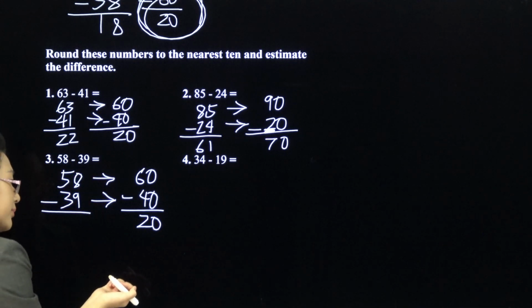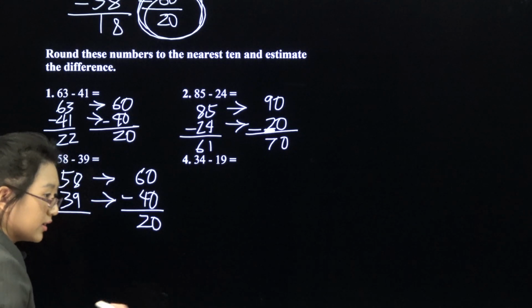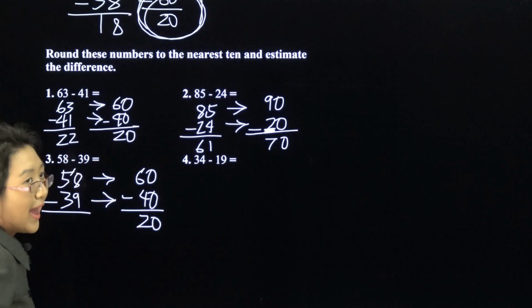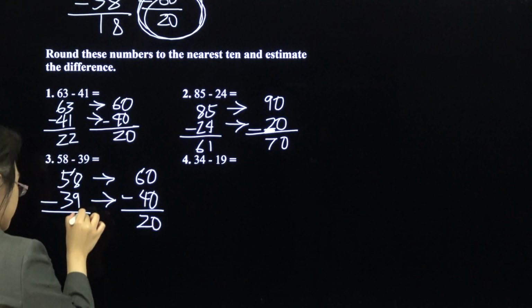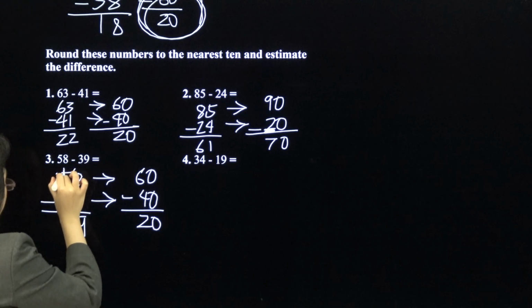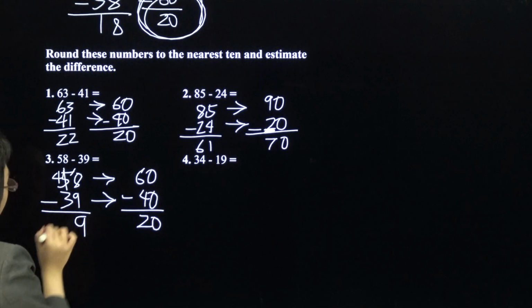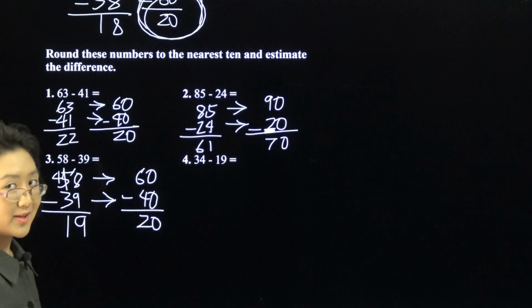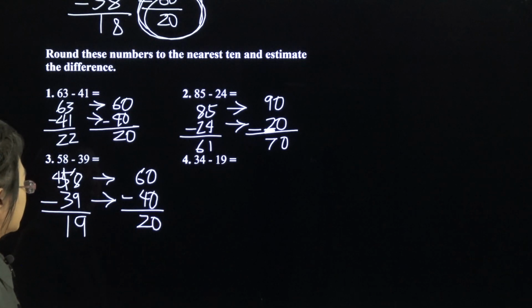What's the actual answer, though? 8 minus 9 doesn't really work. We have to regroup. 18 minus 9 works, and that's 9. 5 got 1 regrouped out of it, so that's 4. 4 minus 3 is 1. 19 is actually very close to 20. It's 1 off. This is a good estimate.